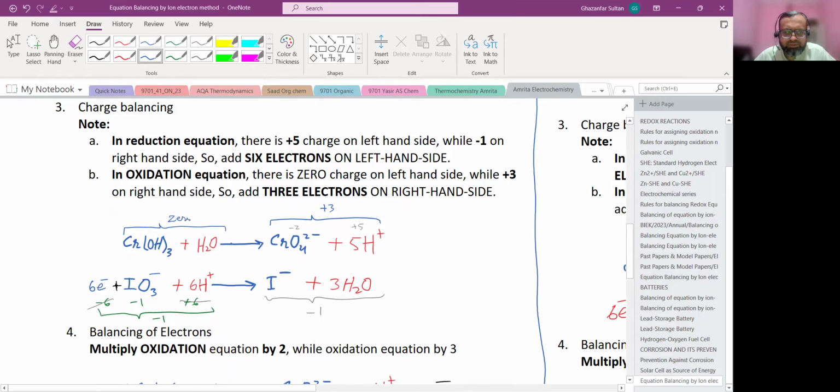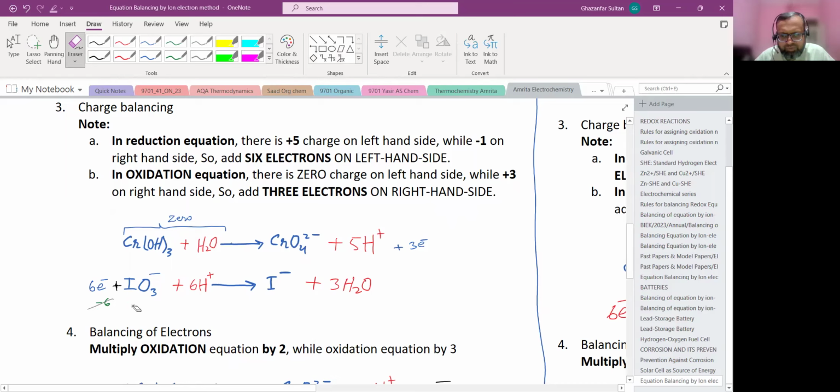So for balancing the charge, we add 3 electrons here. So on adding 3 electrons, now you can see that -3, +5, -2. So -3 and -2 is equal to -5, and -5 +5 cancels out. So the equation has been balanced as per the charge. So charge is also balanced in both the equations.